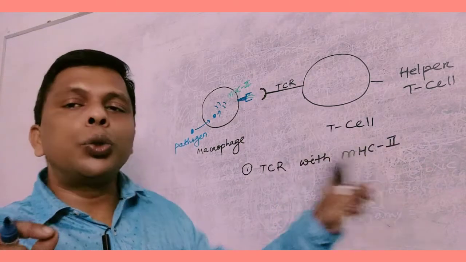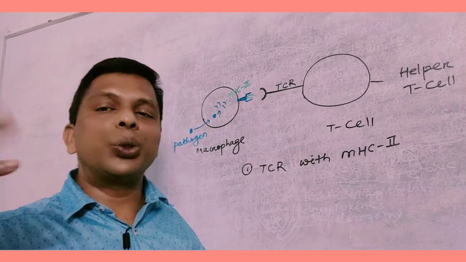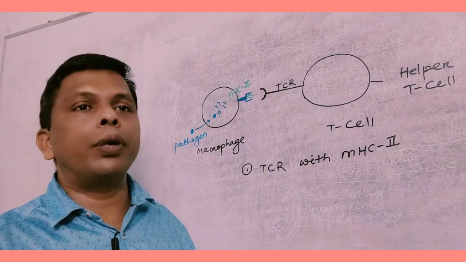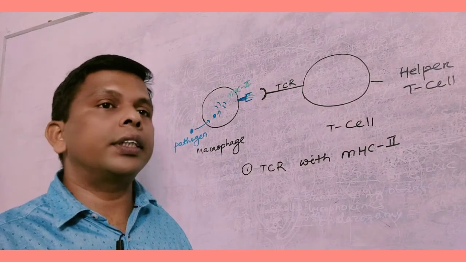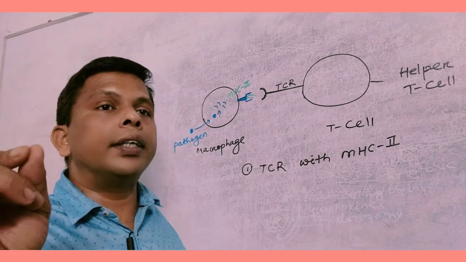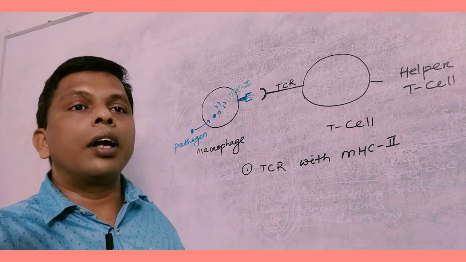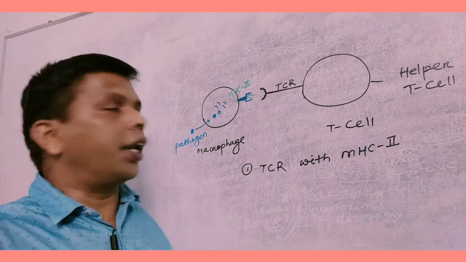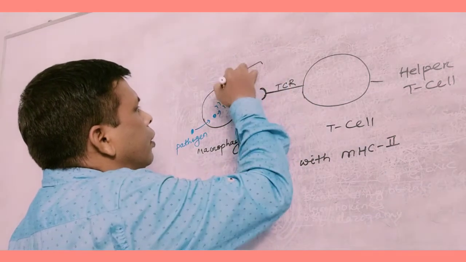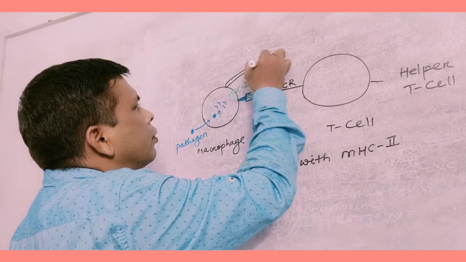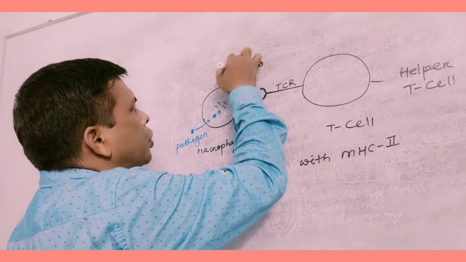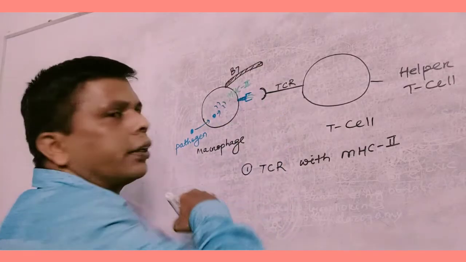The interaction of these two agents is associated with certain co-stimulatory effects. The co-stimulatory activities are: B7 of macrophages interacts with CD28. The macrophage consists of B7.